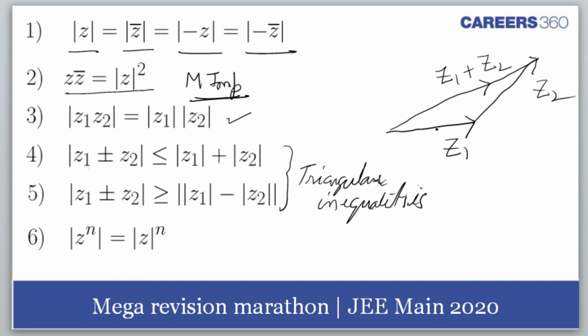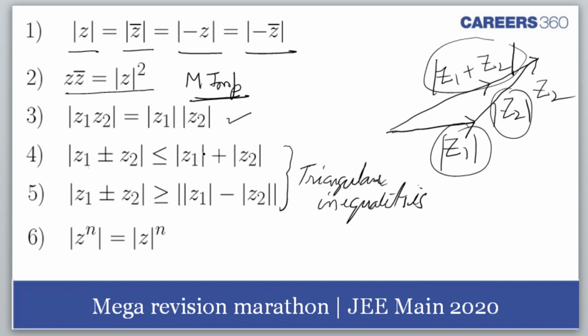Now, every time, this length would be mod z1, this length would be mod z2, this length would be mod z1 plus z2. Now, in any triangle, the sum of two sides is greater than the third side. That's what here it is depicted. Sum of two sides is greater than equal to the third side. If I take z1 minus z2, it would be the other diagonal of the parallelogram. Okay?